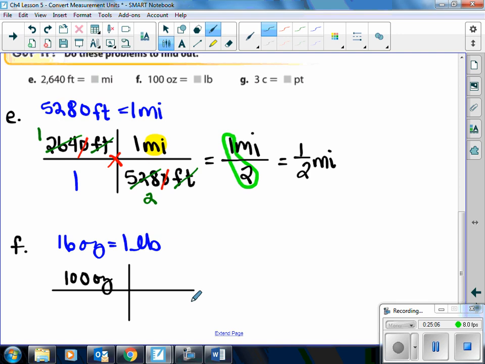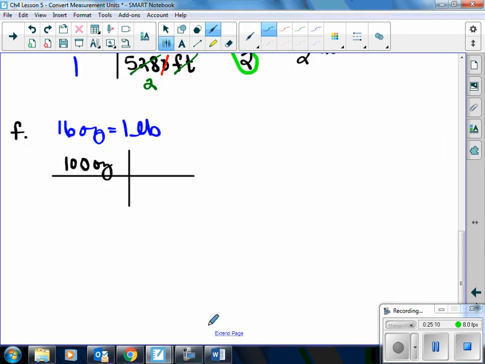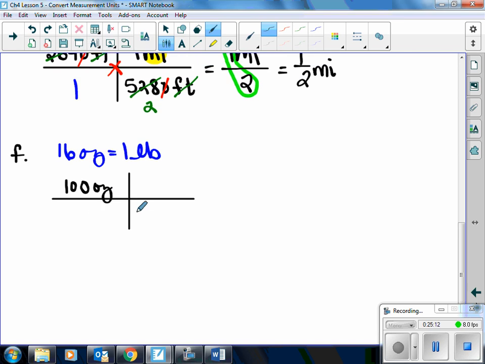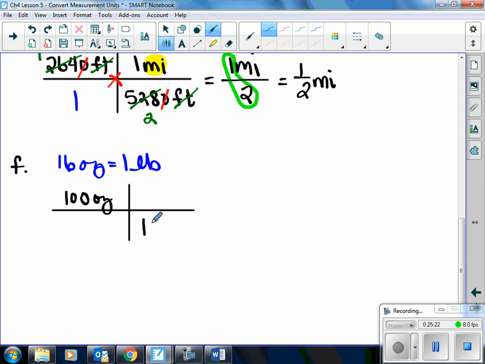Okay? Now, how am I going to place this so that the ounces will cancel? Where am I going to put ounces? On the bottom. Very good. So, we've got 16 ounces goes on the bottom. 1 pound goes on the top. And now we can multiply. But before we multiply, we should simplify.